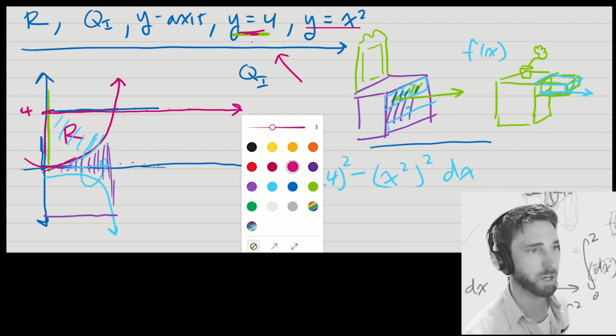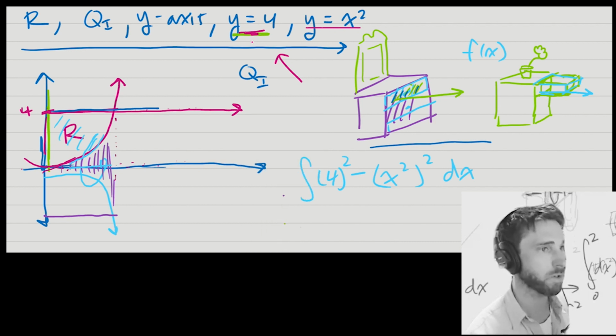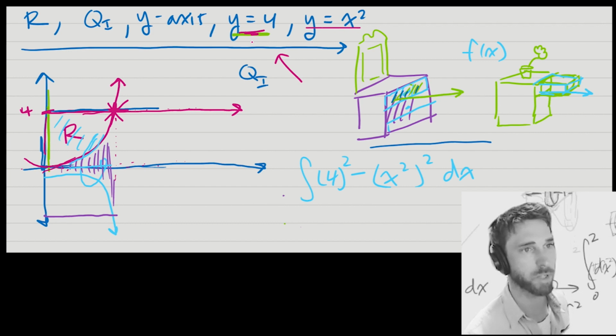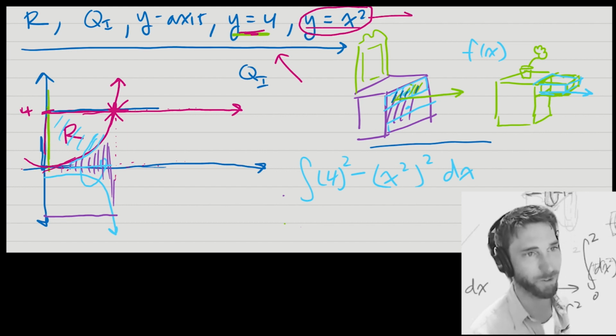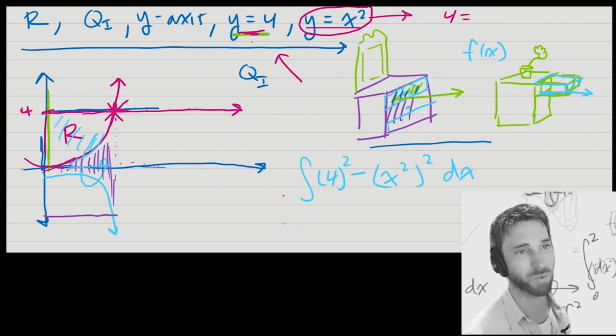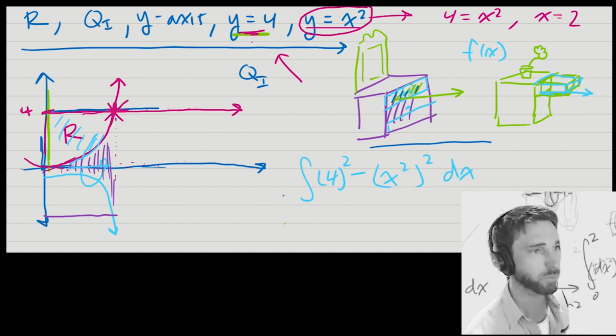We're told 4 in the problem, but when does f of x, y equals x squared, intersect 4? That's pretty straightforward. What is x when y equals 4? Talking about positive numbers in the first quadrant, x equals 2. So our bounds are 0 to 2.